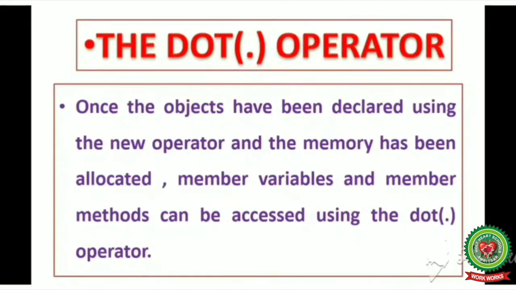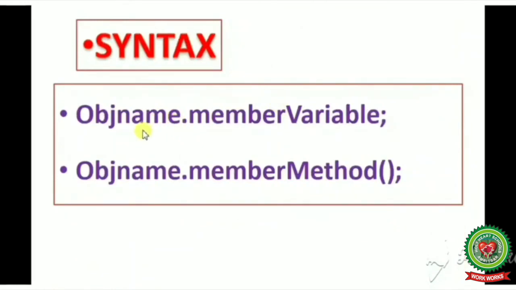See the syntax. Object name, that is objName dot member variable semicolon, objName, that is object name, dot member method round bracket semicolon. If our object is mySamsung, how will we write it? mySamsung dot model semicolon, where model is a variable.